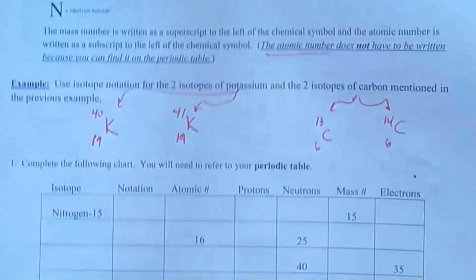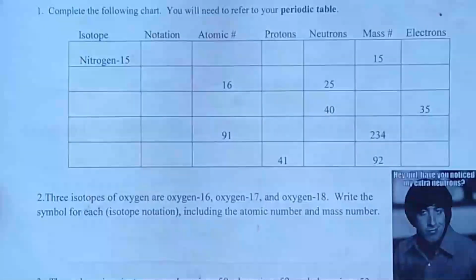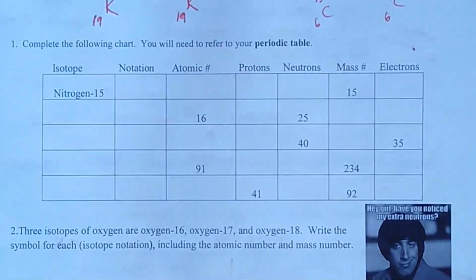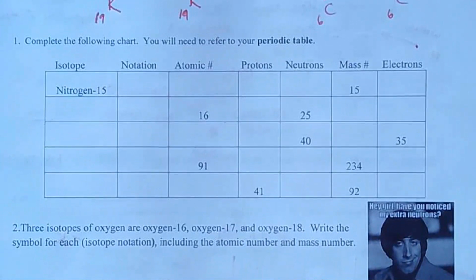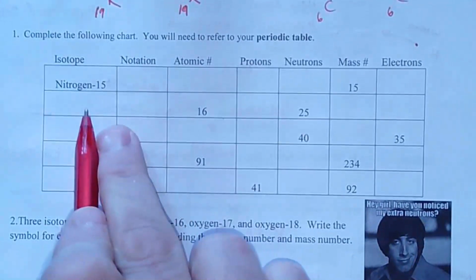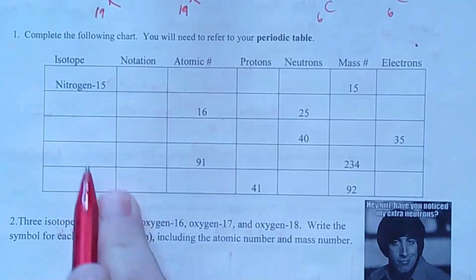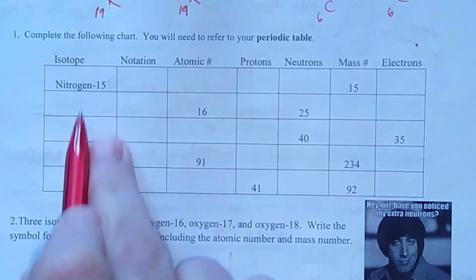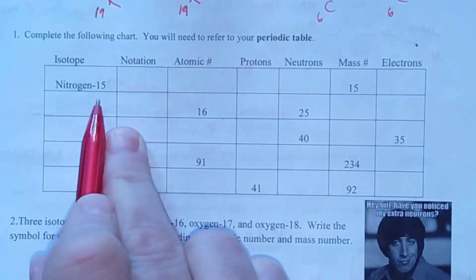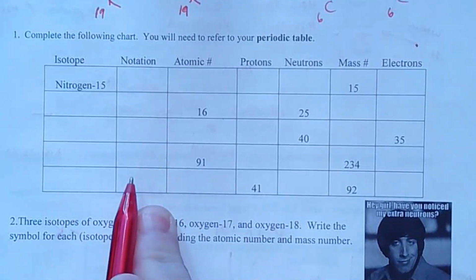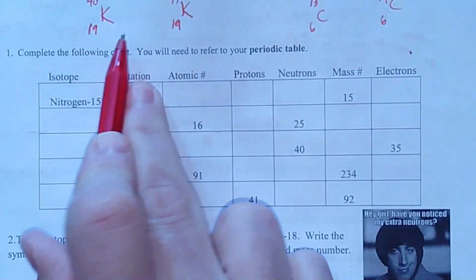Okay. So here's a small chart that is similar to the homework that you picked up on that worksheet. This column is giving you the name of the isotope. In this column, you'll put the isotope notation like this with the symbol and the numbers.